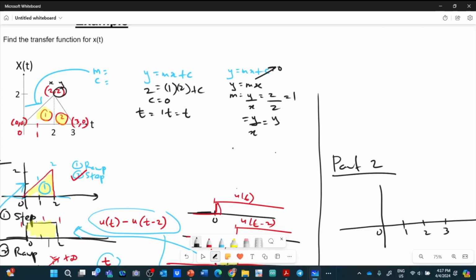Y, 2, sorry. Refer to one point here. This is Y1, X1, Y2, X2. Okay. Y1 minus Y2, 2 minus 0.